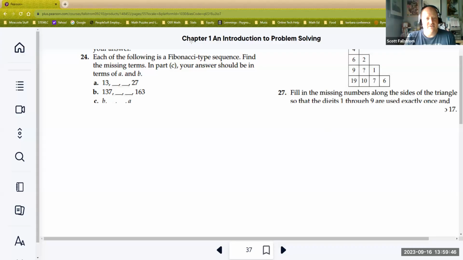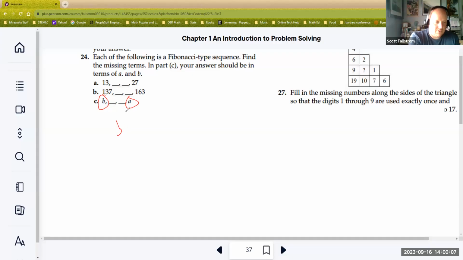Now this one is a little bit different though, right? Because it says A, and then I have to end with B. All right, well, don't let that change what you do. They're basically saying, could you solve this problem for any starting and ending value? We just did it for 13 and 27. So what would I do different? Well, I'd just say B is my starting.